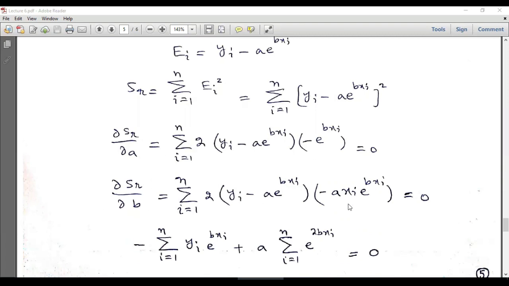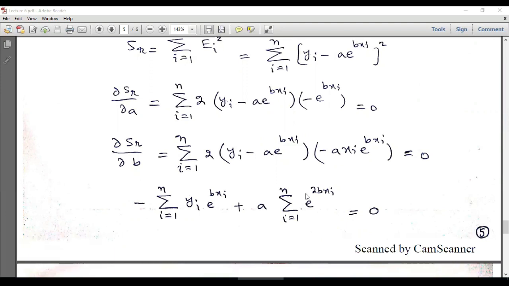So this is the first term, this is the second term, and after simplification and readjustments, we get this expression, right? So this 2 actually has been taken to the right hand side and equated to 0, and this will become minus yi e to power bxi plus a summation e to power 2bxi, right? So this exponential term will be multiplied with both the terms, and this 2 will be taken to the right hand side.